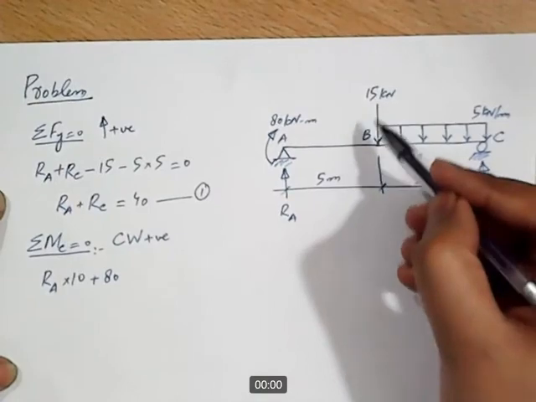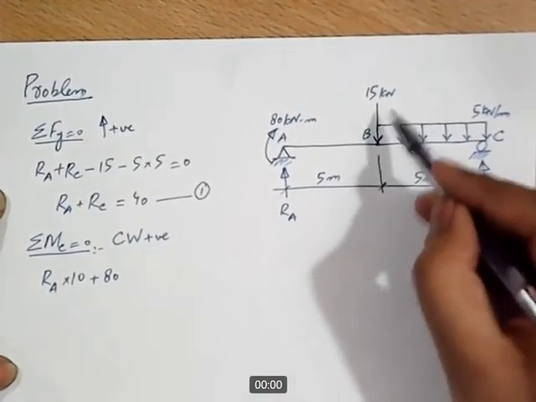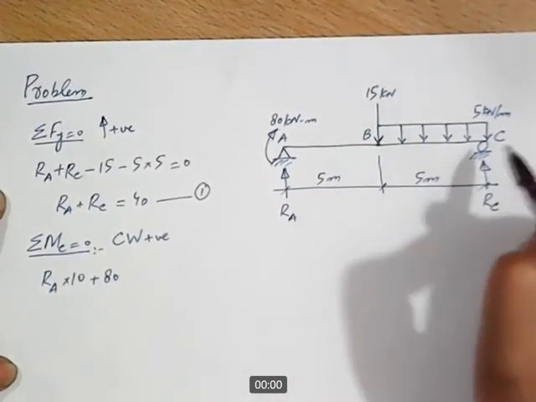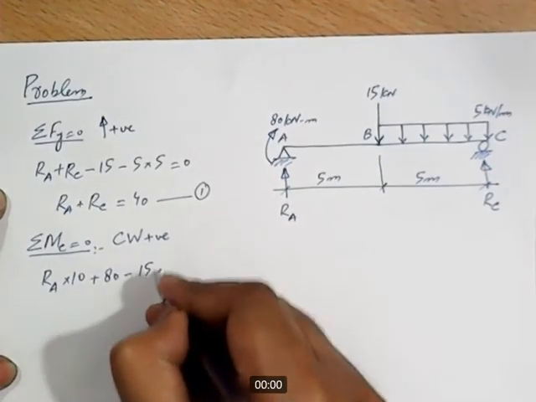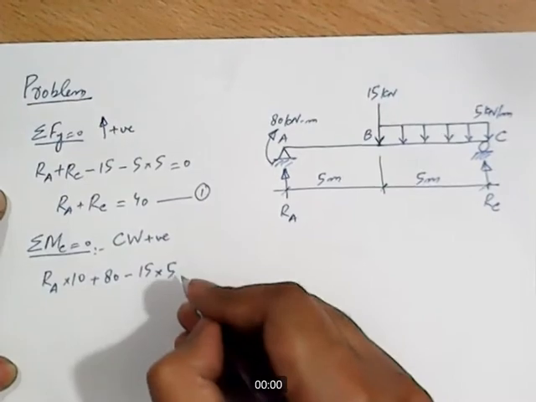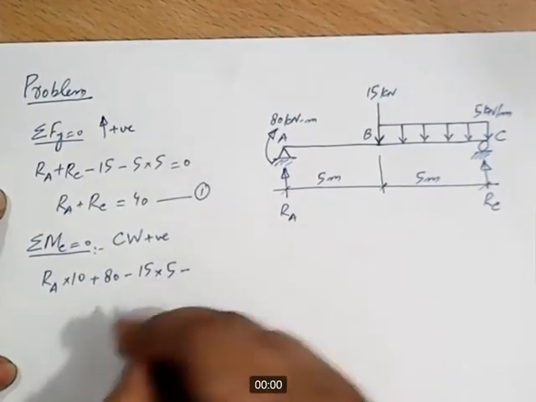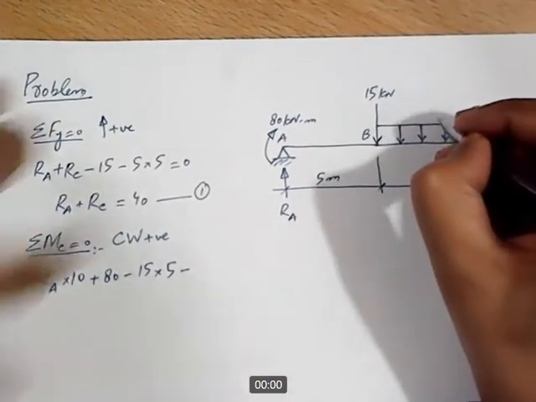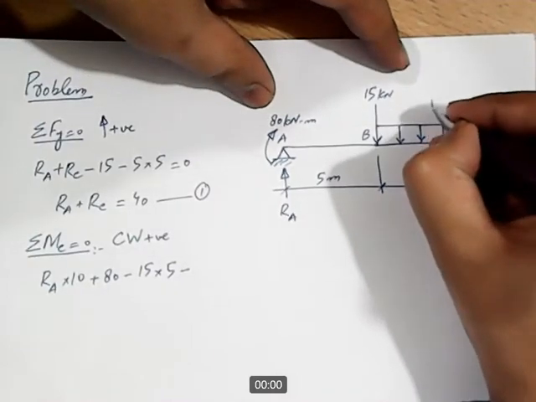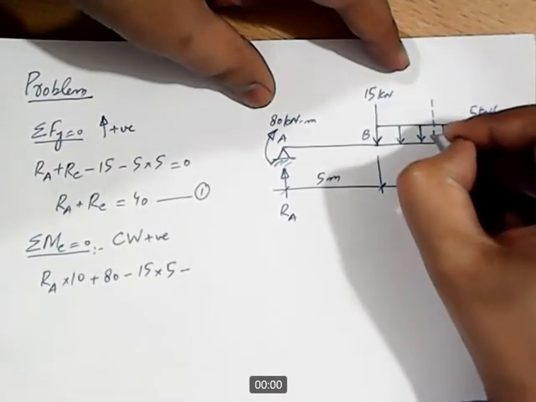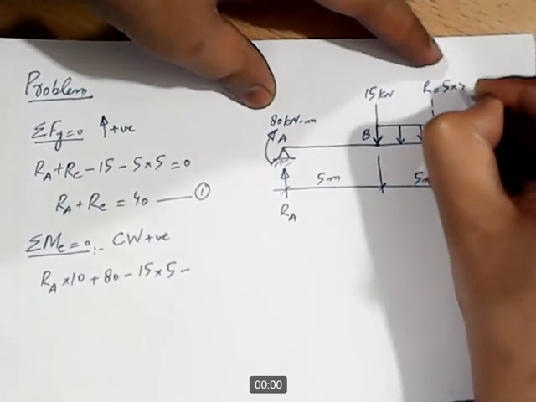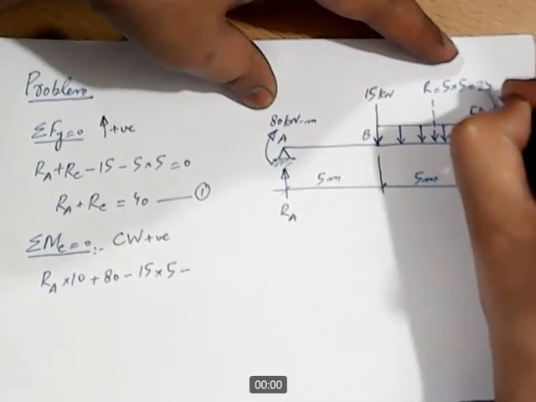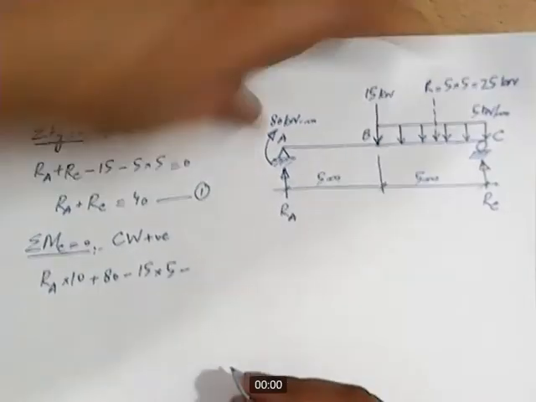80. And then this 15 kilonewton force, it will produce moment in counterclockwise direction about point C, so it will be minus 15 into 5, and then the resultant of the UDL will act at the centroid of this rectangle somewhere over here, this R, and it will be equal to 5 into 5 equal to 25 kilonewton.